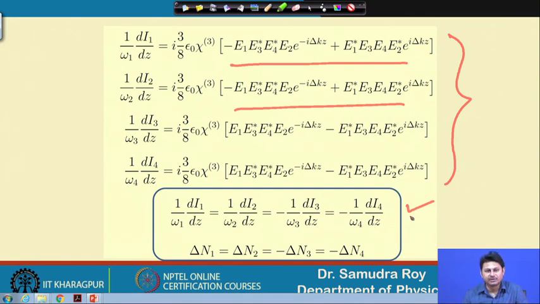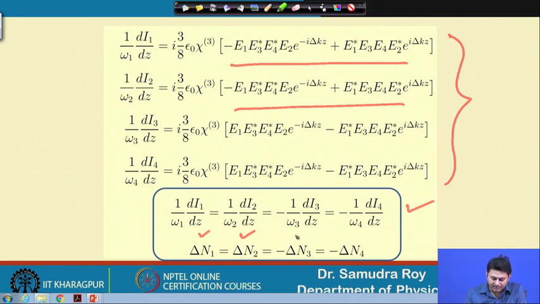This relation we have already figured out in our second order effects, when we generate sum frequency generation or difference frequency generation or other parametric generation. This is always valid. In terms of photon number, I can say that delta n1, the change of photon number for omega 1 frequency, is the same as the change of number of photons for omega 2 frequency, because omega 1 and omega 2 are combining to generate omega 3 and omega 4.